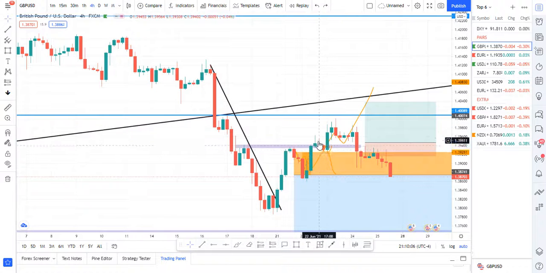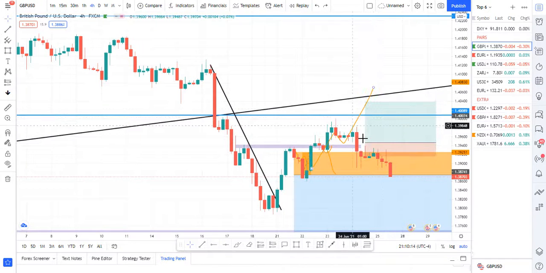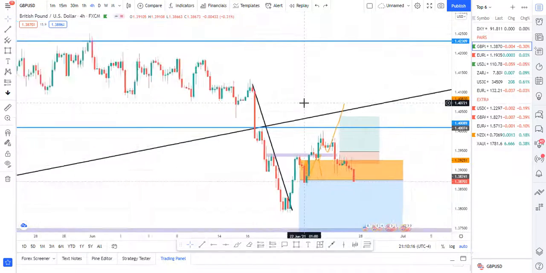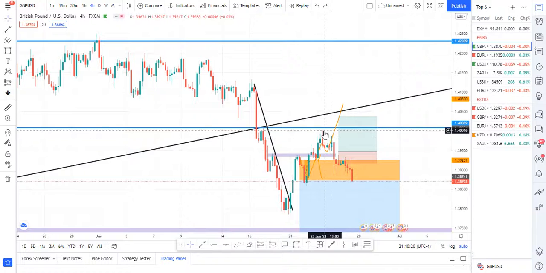Look here, it broke above and it retested. I was like, I'm going in for the kill. And it was 3, 2, 1.